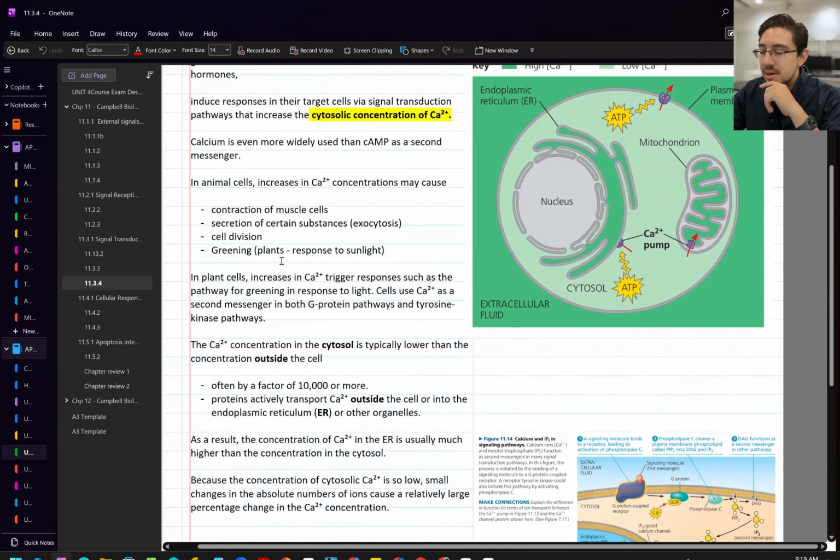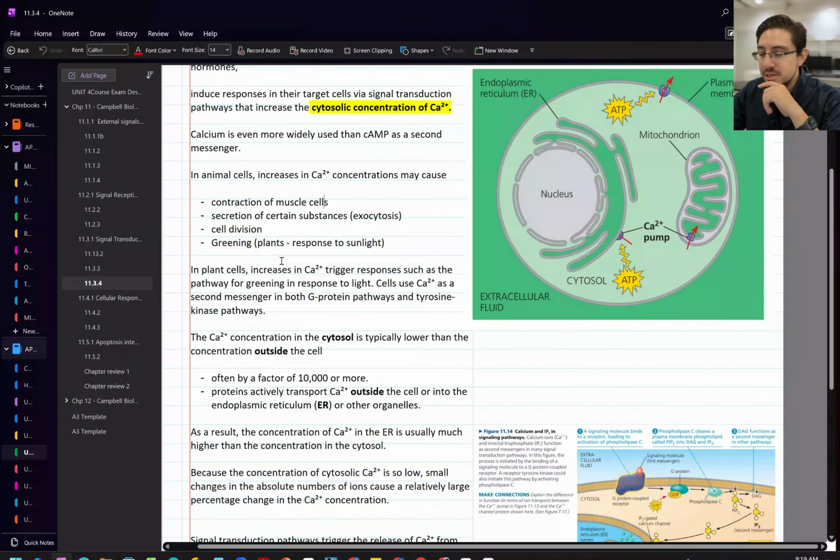So in plant cells, an increase of calcium ions can trigger a response, such as greening, production of chlorophyll within the chloroplast in response to light. So cells use calcium as a second messenger within G protein pathways and RTK pathways, ultimately to create a response. What is important to note is the concentration difference.